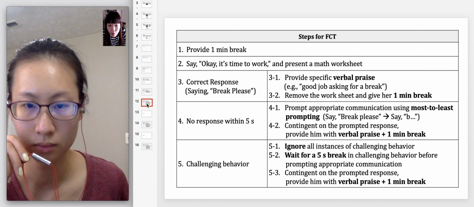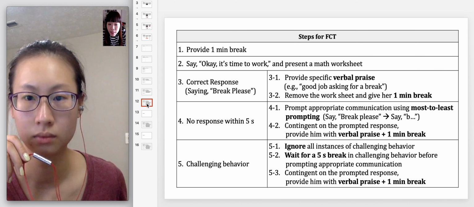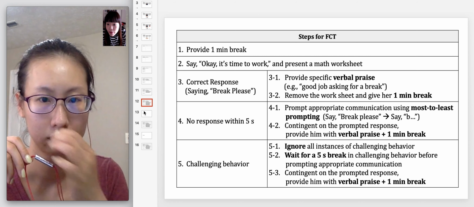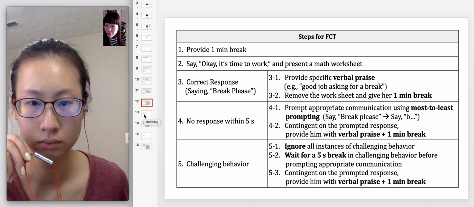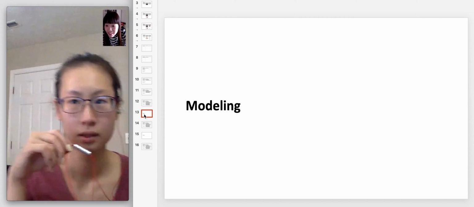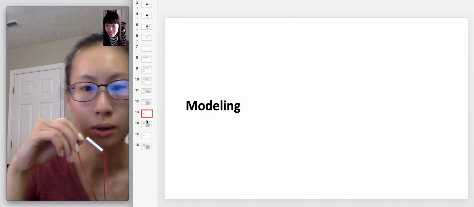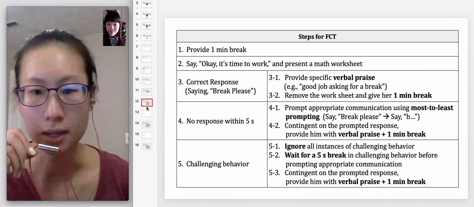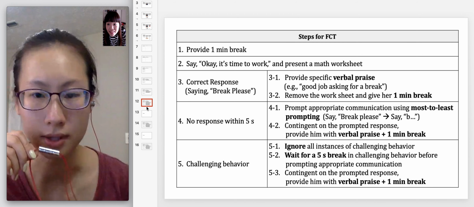Also, contingent upon the prompted response, you will provide him with verbal praise and a 1 minute break. Is every procedure clear? So even if it's a prompted response, I will still provide praise and the same 1 minute break.